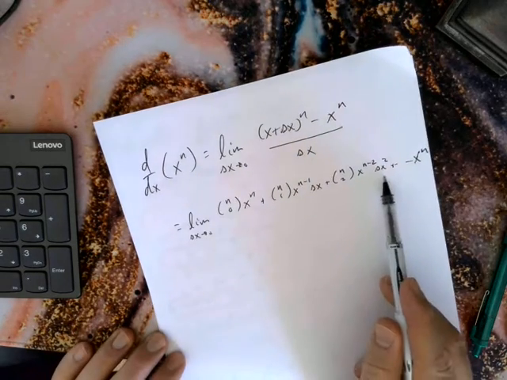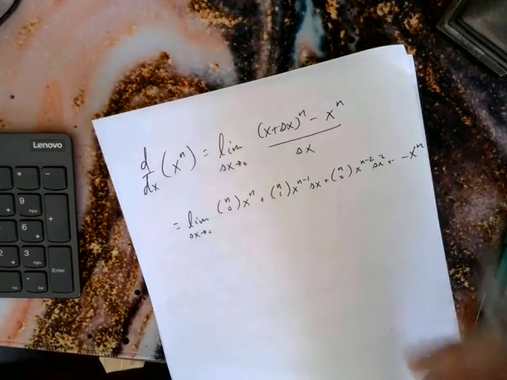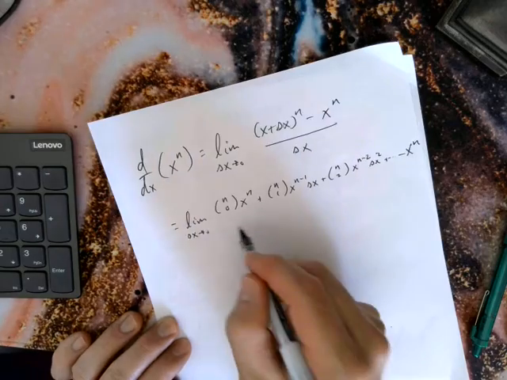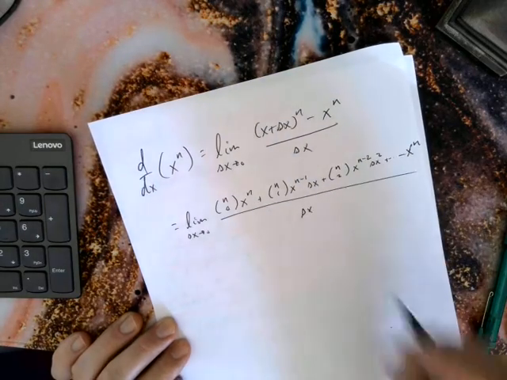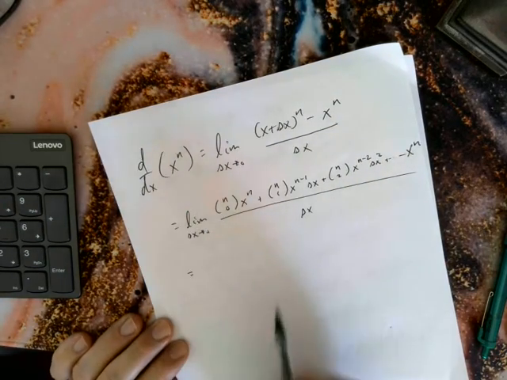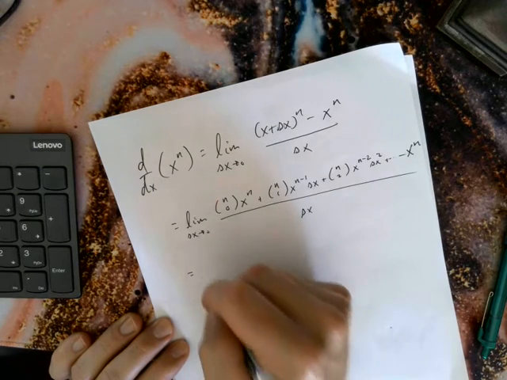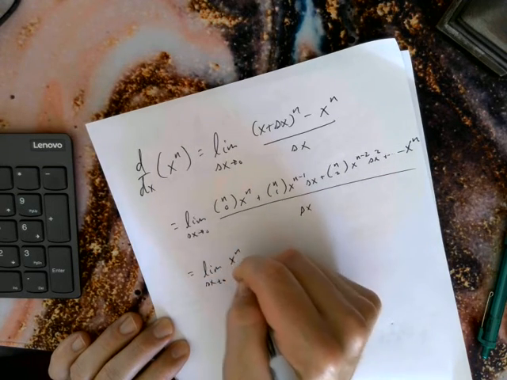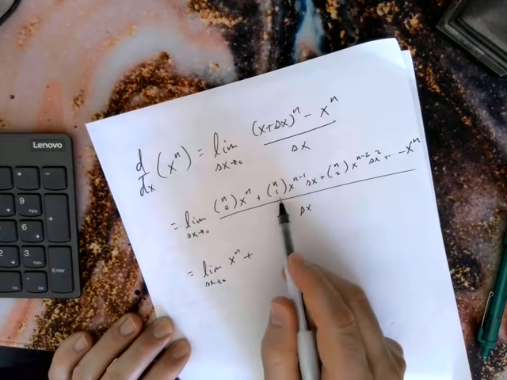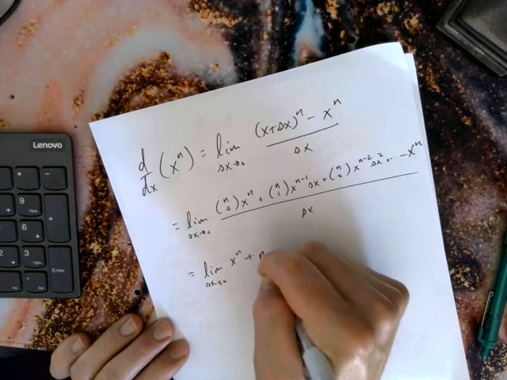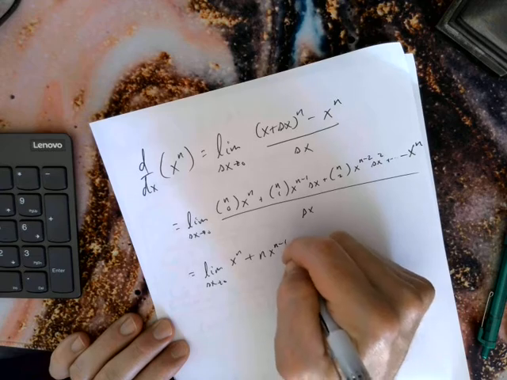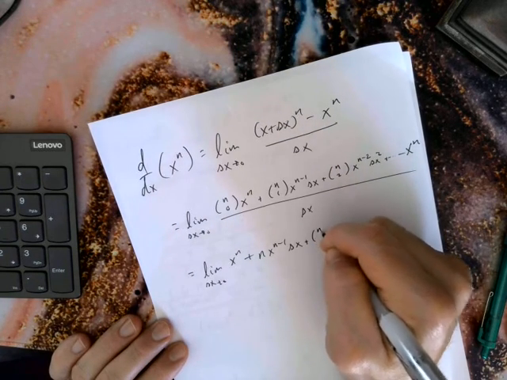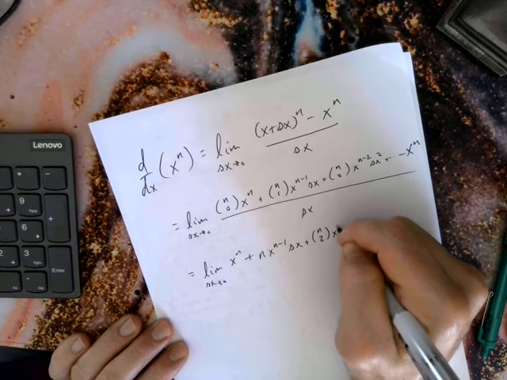So there's more terms to the expansion, but I just put plus dot dot dot to stand for them. And then minus x to the n, all over delta x. n choose 0 is 1, so that's just 1 x to the n. n choose 1 is n. n choose 2 is dependent on n, so we don't know what that one equals yet.